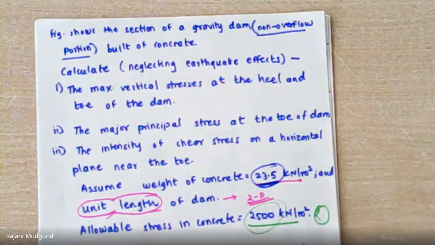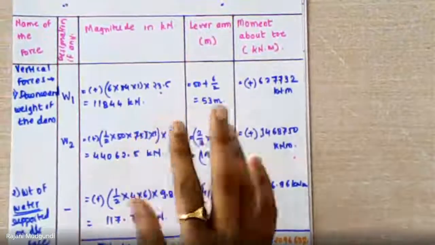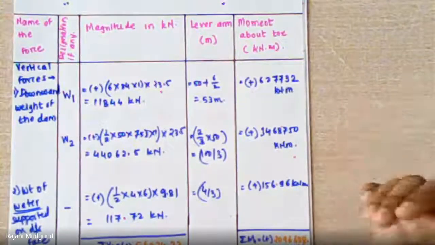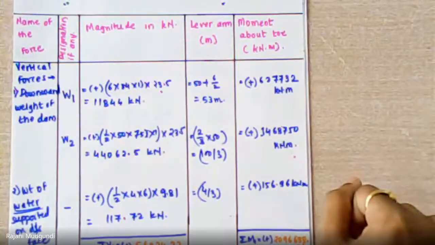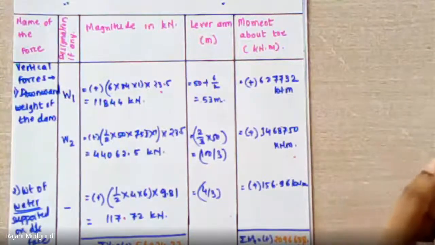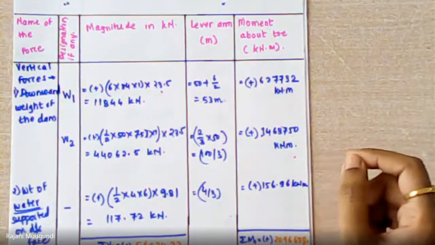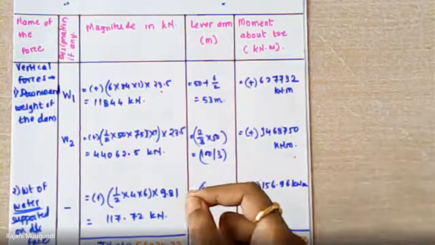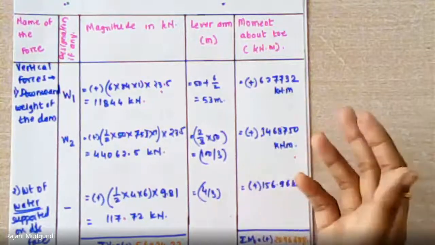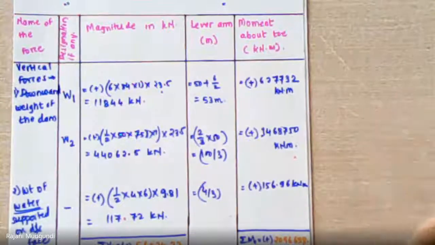So tables like this have to be made for 2 different cases, reservoir full and reservoir empty, in which you consider the forces accordingly, and calculate all the stresses developed according to the conditions. Then you have to arrive at the conclusion in which case the stresses are critical and what is the intensity of pressure and stresses that will get developed in each of those analyses, right?